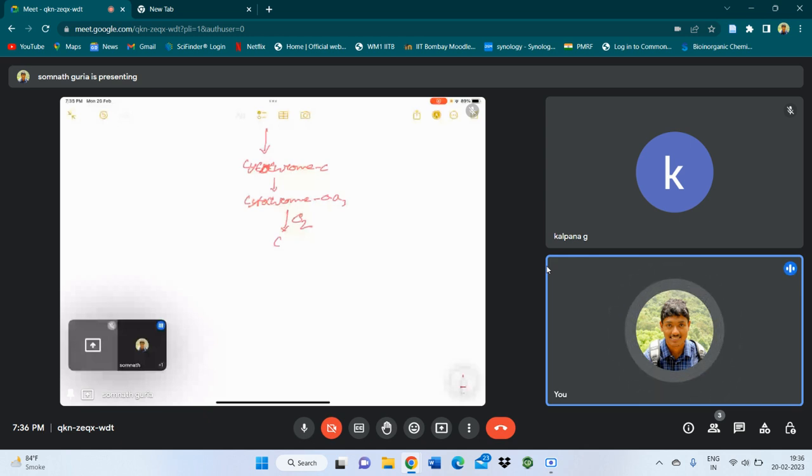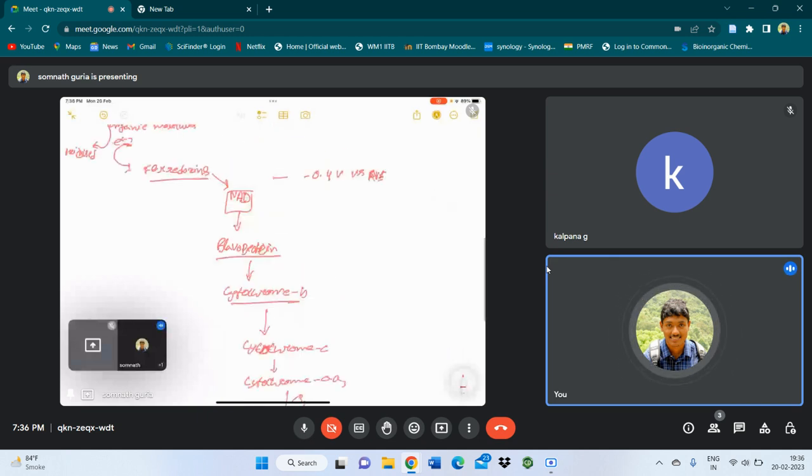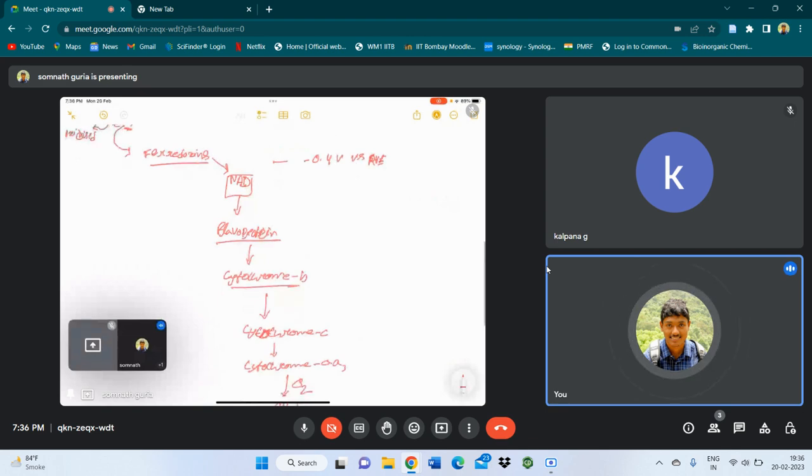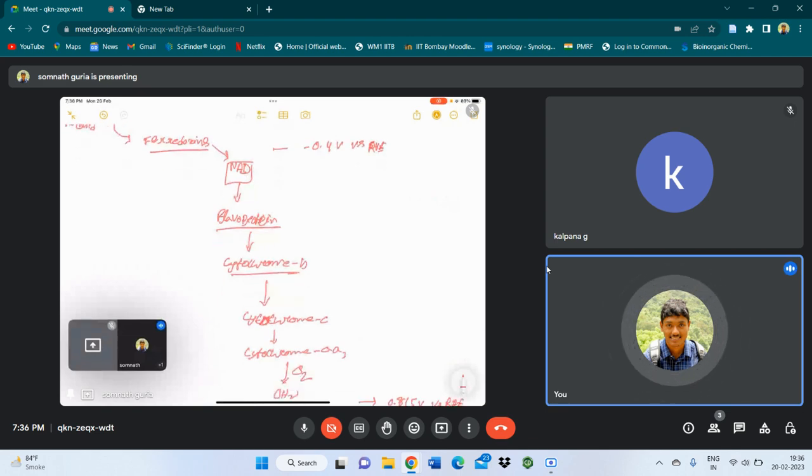So coming from the higher negative value to the lower negative value, the electron transfer happens in a simultaneous way because delta G is negative.